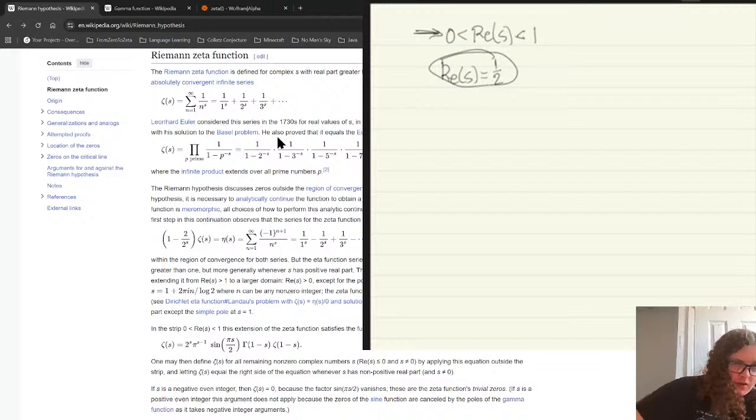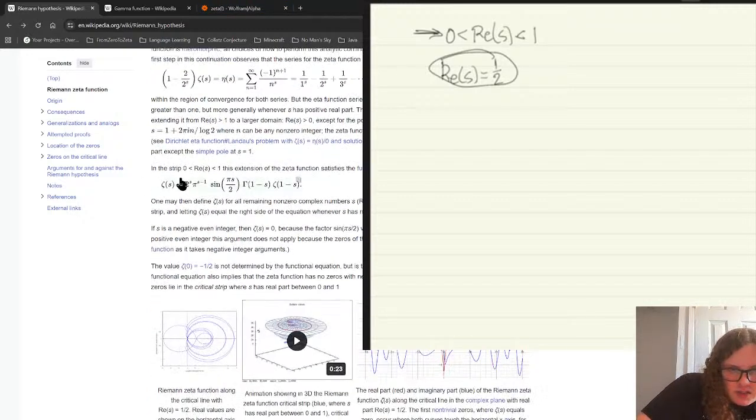So we don't have zero divisors. And if one of them can be 0, okay, why do we care so much about the zeros of this function?